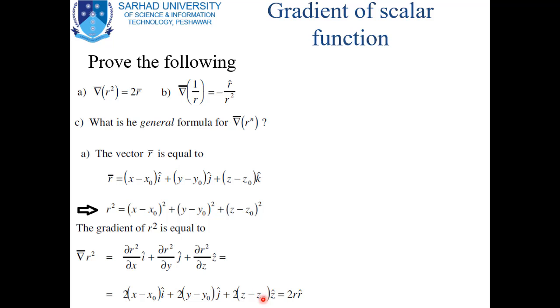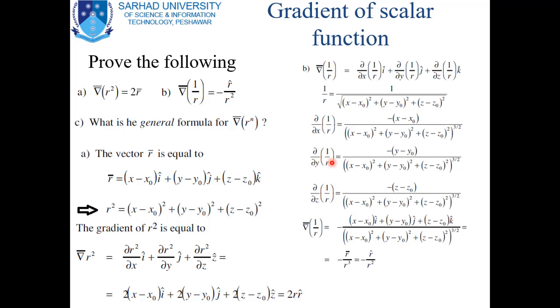And remember that this is 2 times the position vector, and the position vector is split into a magnitude and its direction. So we have proved that the gradient of r square is equal to 2r vector, that is 2 into the magnitude of r into r cap.